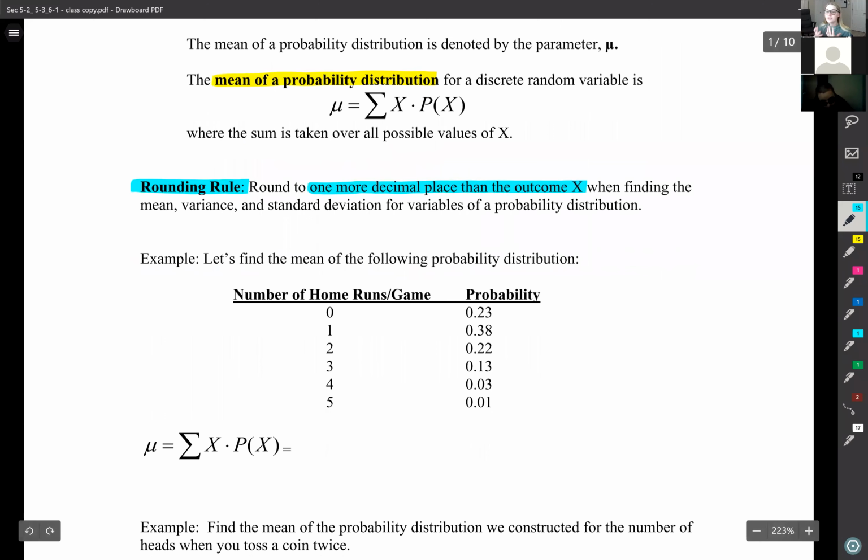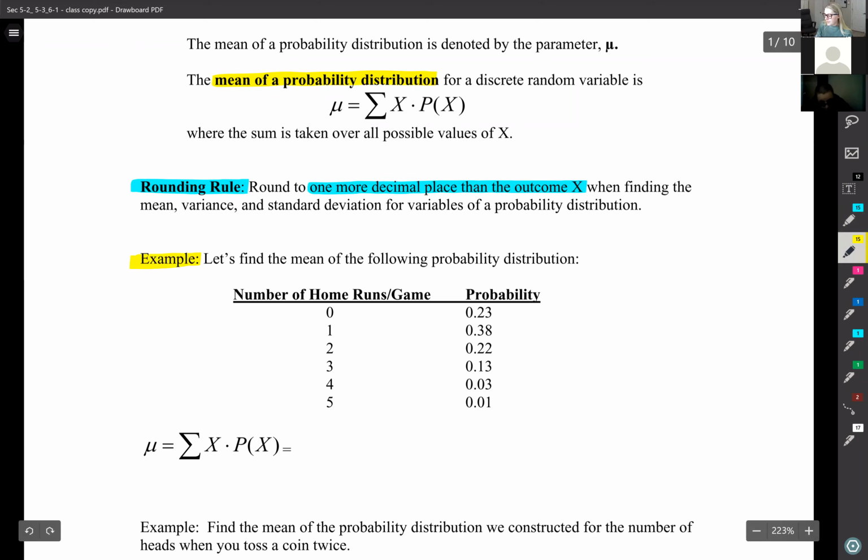Oh, same for variance and standard deviation, not just mean. I should have said that. So this holds for mean, variance, and standard deviation: the one decimal place more rule for all three of these values. I know it probably sounds picky, but this is where we've chosen to be picky, on the decimal places. So important.